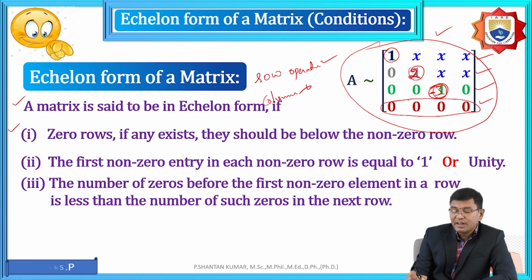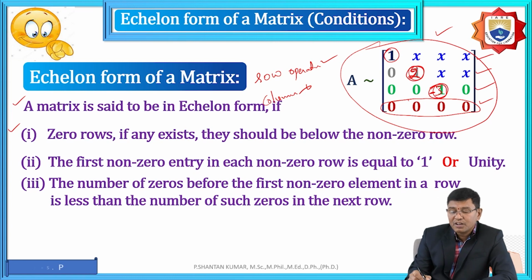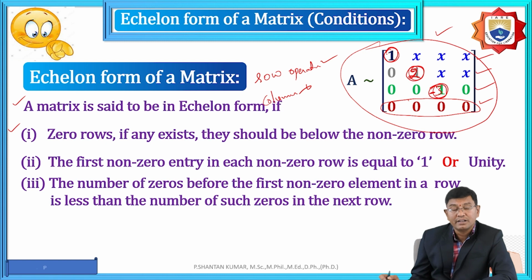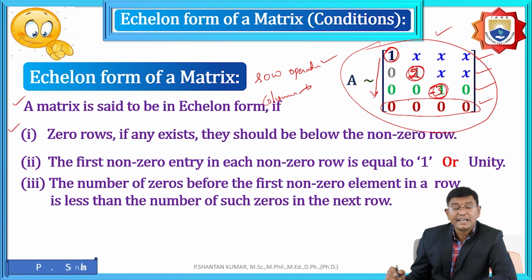Here, before the 2 or whatever it may be, the zeros are 1. And here, before the non-zero number, there is 1 or some other non-zero number. In this example there are no zero rows. Going bottom to top it is a decreasing level, and top to bottom it is an increasing level. These are the three conditions.